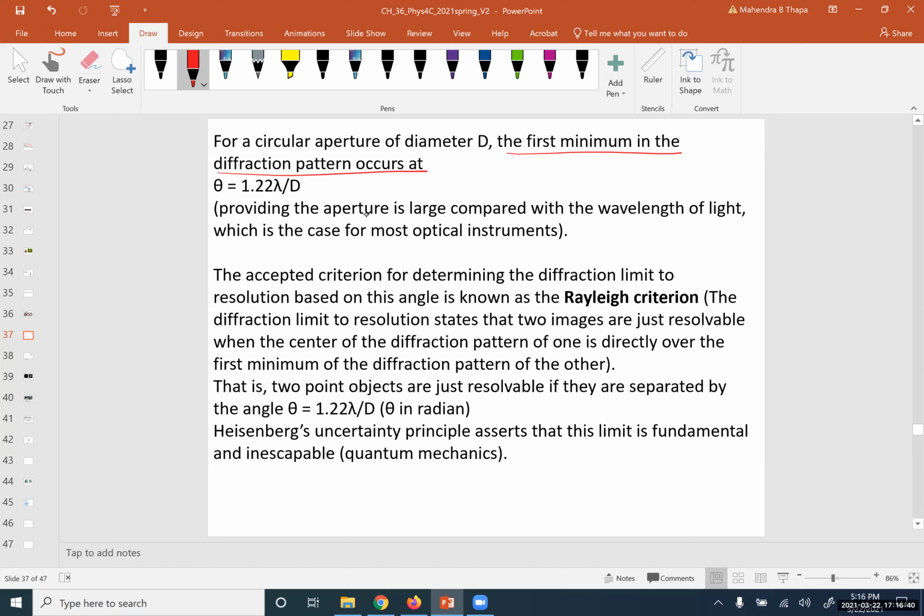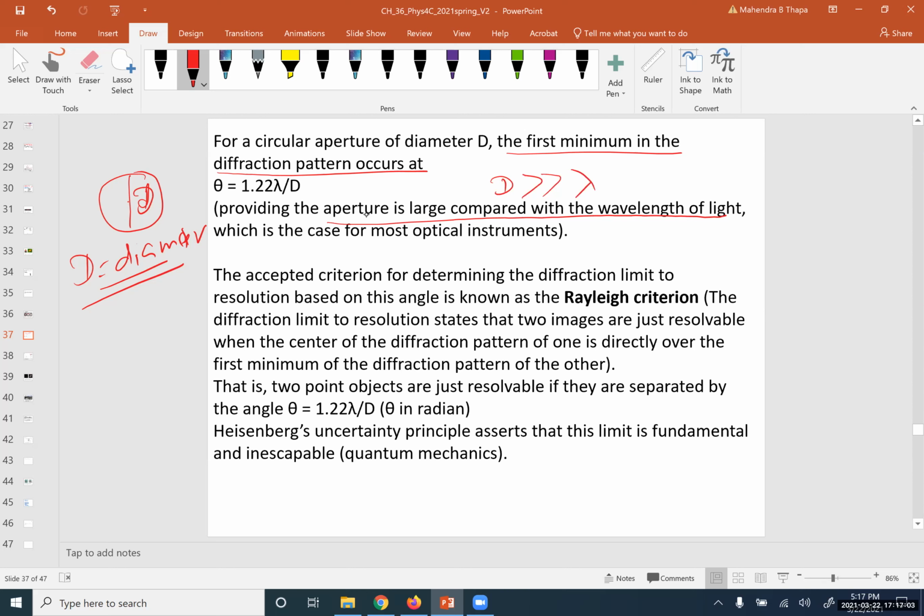Here d is the diameter of this aperture. In this case, we are assuming that the aperture is large compared to the wavelength of light, so we are assuming d is greater than lambda.